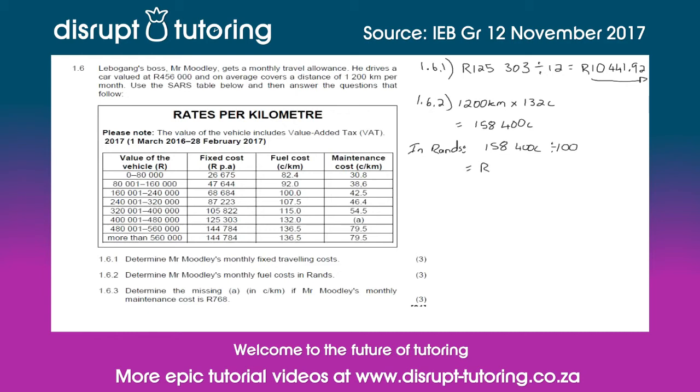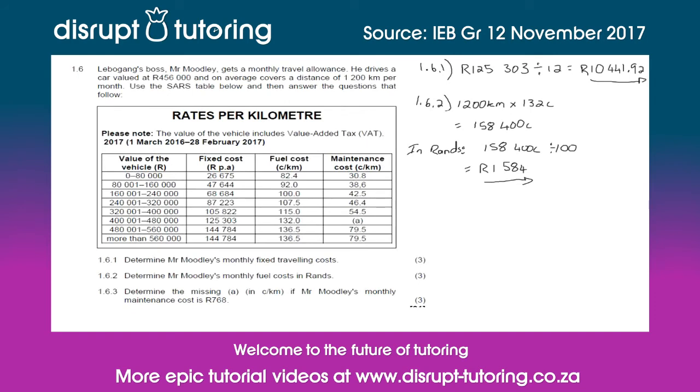This is going to equal R1,584. You can just put in your calculators 158,400 cents divided by 100, and it gives us our total fuel cost per month in rands.